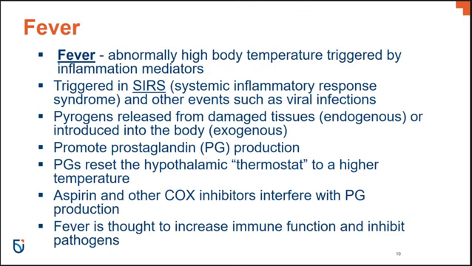Aspirin and other cyclooxygenase inhibitors, or COX inhibitors, can reduce the production of prostaglandins. And when you reduce the production of prostaglandins, and they're no longer turning the thermostat up too high, then the body temperature can be brought back to normal.